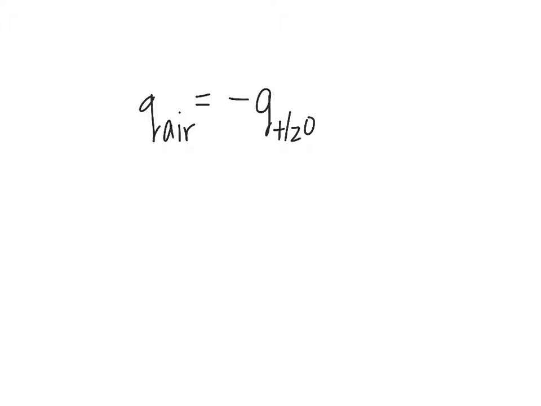Whenever you have this boundary between the system and the surroundings, the water is losing the heat, it's going out into the air. So your sign is opposite, but your value is the same. So Q of air is equal to the negative Q for H2O.